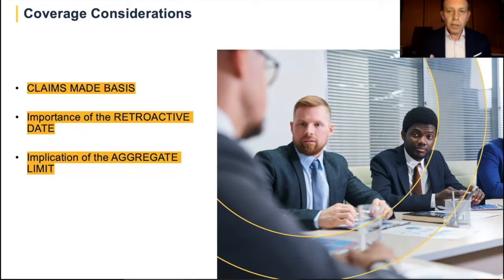The other way that one can look at the limit is to say, well, where are the claims going to come from? We're going to talk about that a little bit later. If it's a listed company, generally the claims come from shareholders. And the lawsuit would relate to the drop in shareholder value. In other words, my shares were worth 100 Rand. You made a bad decision. Now they're worth 50 Rand.